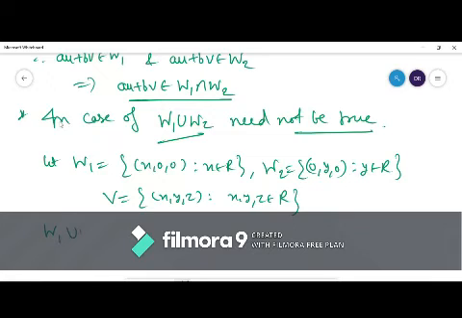Then W1 union W2 is a set of W where either W is equal to (x, 0, 0) or W is equal to (0, y, 0), where x and y are real numbers.